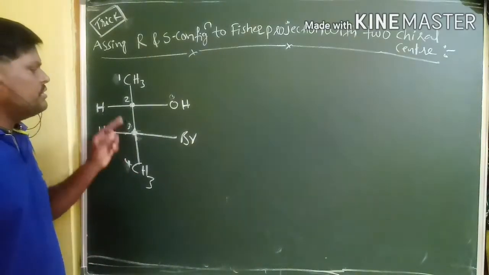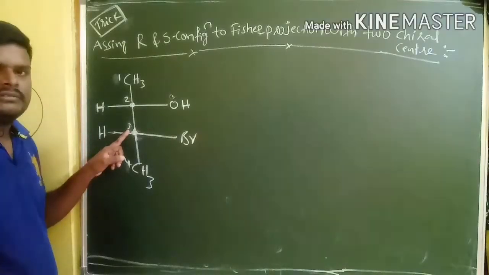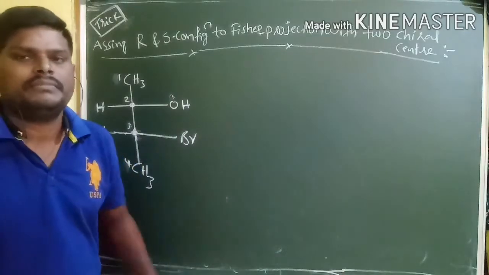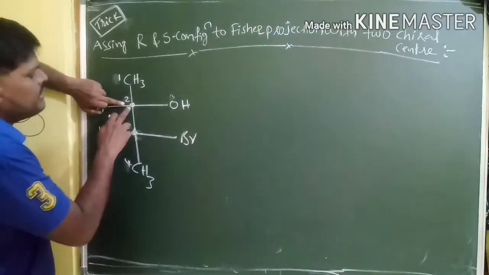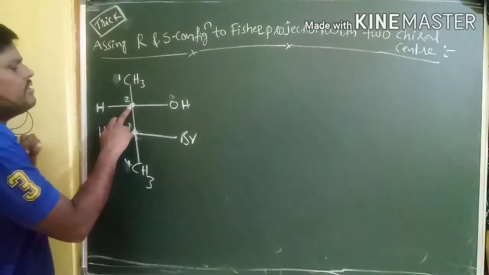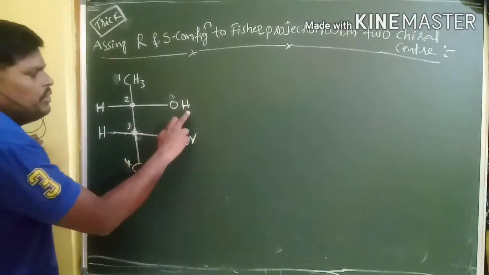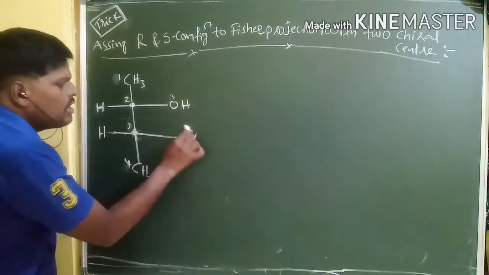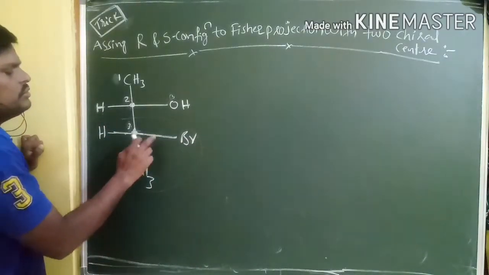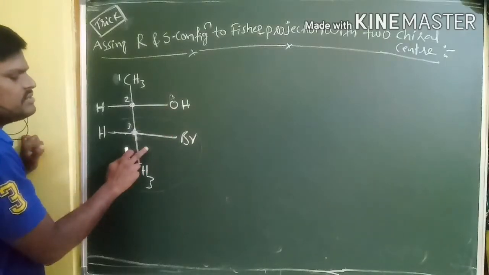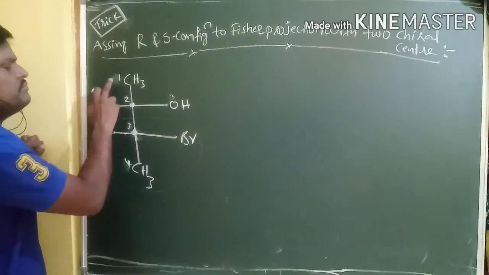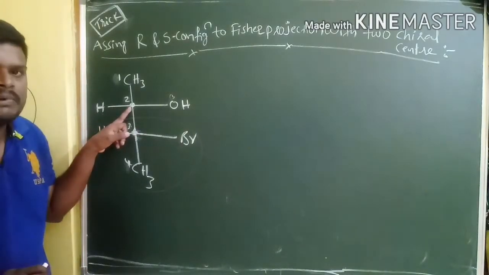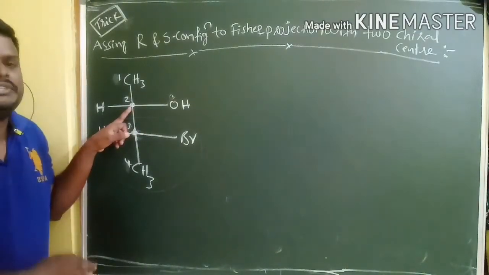If you observe carefully, the second carbon and third carbon act as chiral centers. The second carbon is surrounded by CH3, OH, and H, and the rest is treated as one group. So OH, H, CH3 and the remaining group are 4 different groups for this second carbon. That's why this second carbon acts as a chiral center.